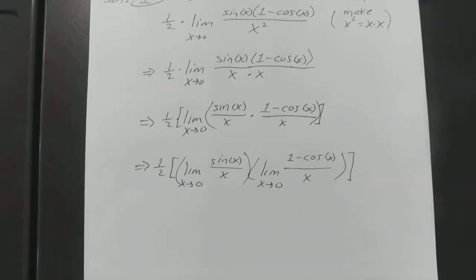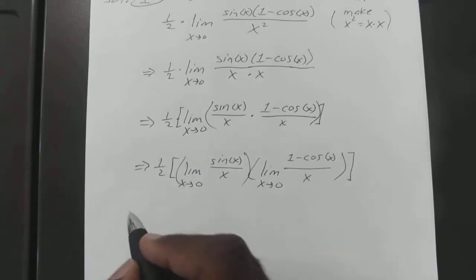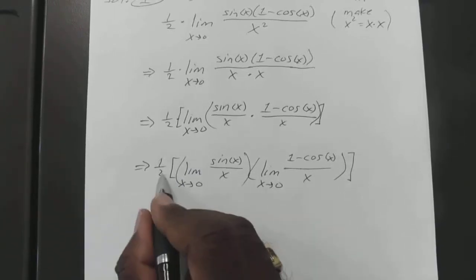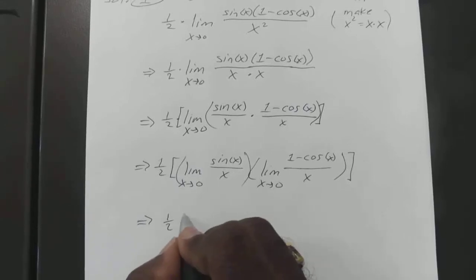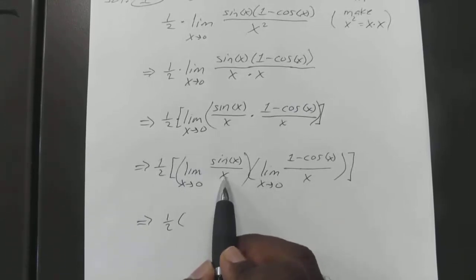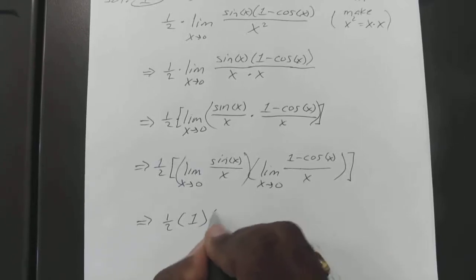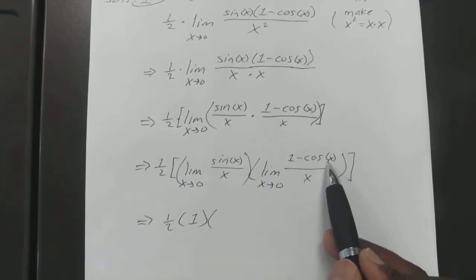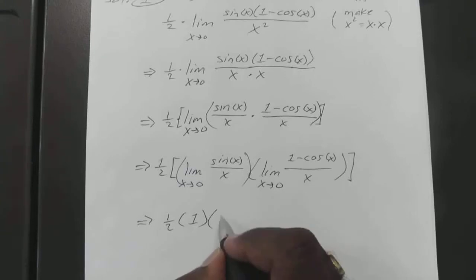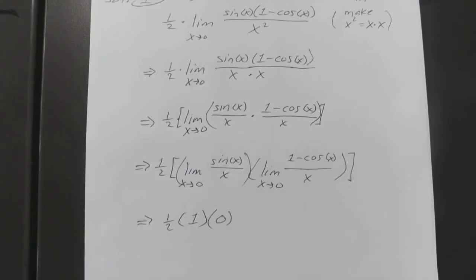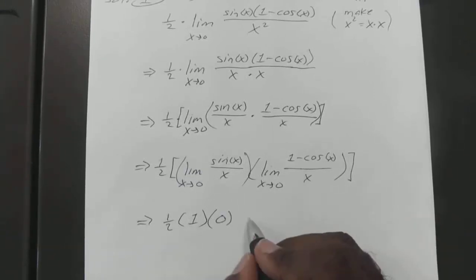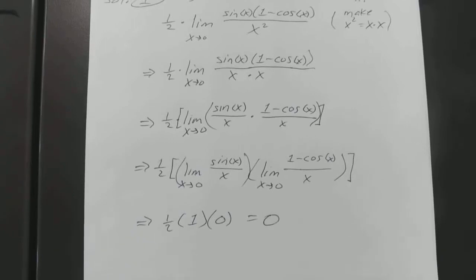We know from the special trig limits that we still have our 1/2 out here. The limit of sine of x over x as x approaches 0 is 1. But the limit of 1 minus cosine of x over x is 0. So after all of that, we end up with 0.